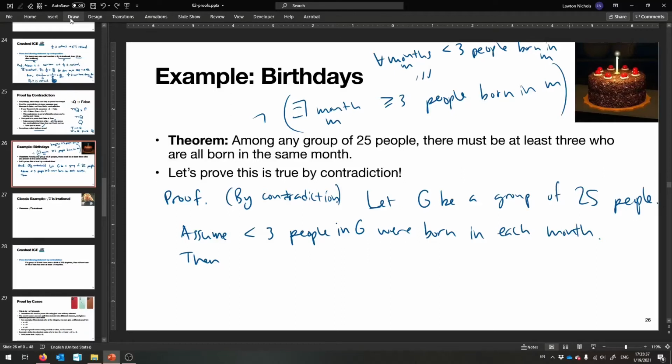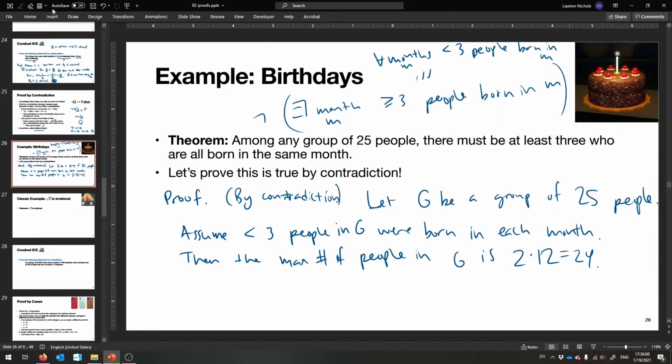Then the max number of people in G is 2 times 12, because you've got 12 months, and we're saying that there's less than 3 people born in each month. We can't have 3 anywhere, but we can have 2 everywhere. So the maximum number of people that could be in G is 24.